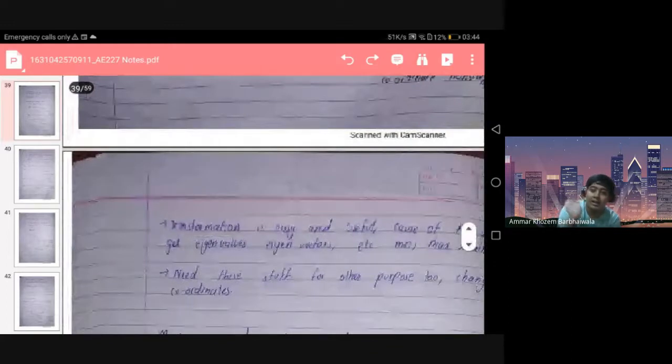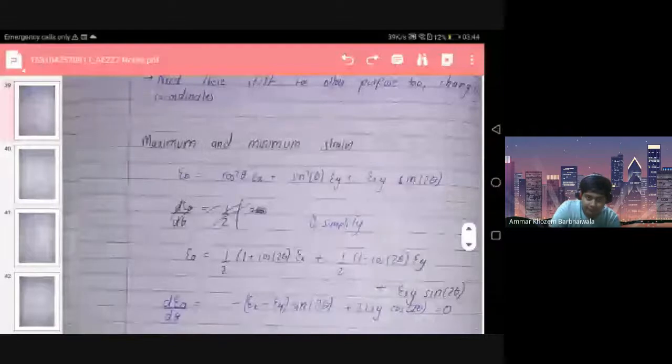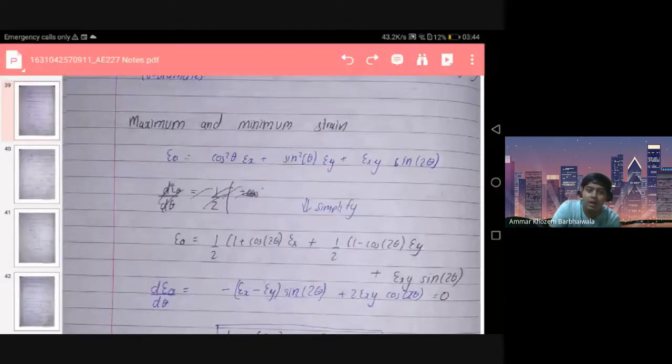If I take any angle theta, I guess the screen is stuck here, but I'll go on. So I have this angle. For any epsilon theta, I have this formula for the strain in that direction at an angle theta.